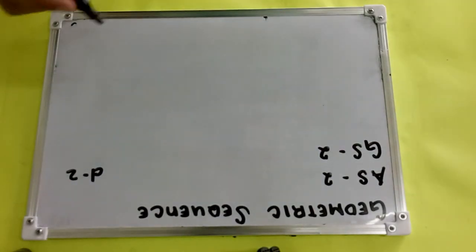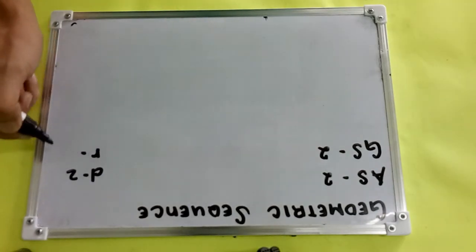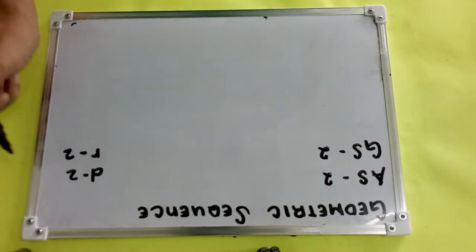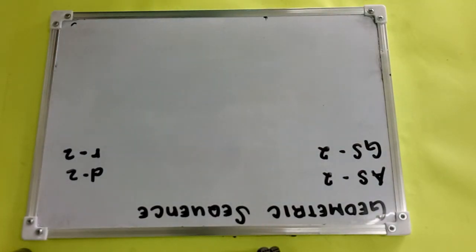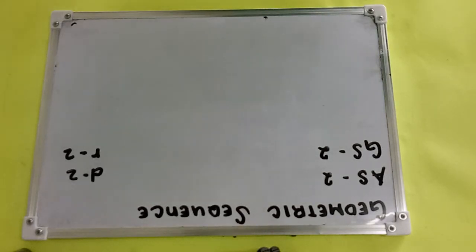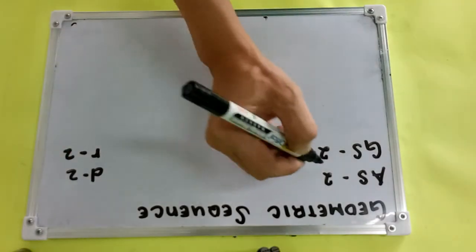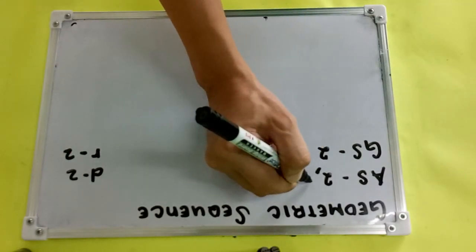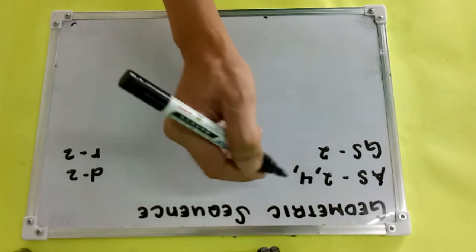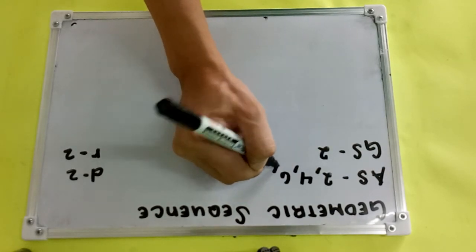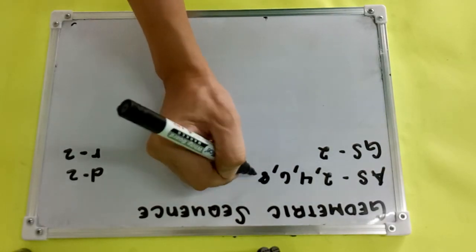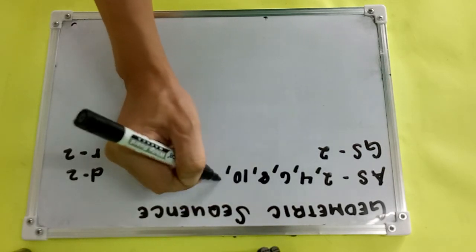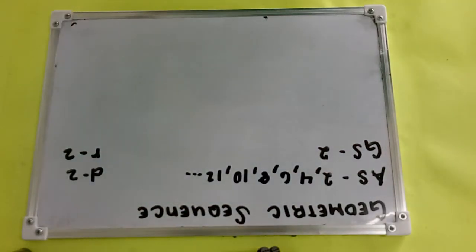And for geometric sequence, we have common ratio, and we will also use 2 as its common ratio. If the first term is 2, for arithmetic sequence, we just add 2 to every term. So 2 plus 2 is 4, then 4 plus 2 is 6, 6 plus 2 is 8, and then 10, and then 12, and so on.